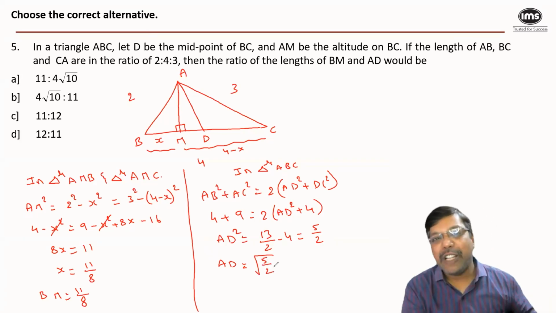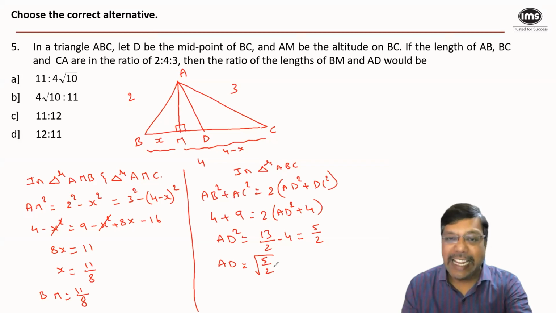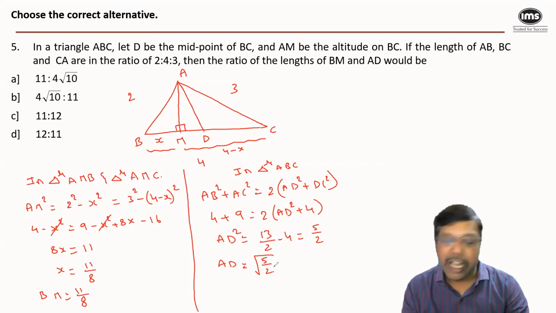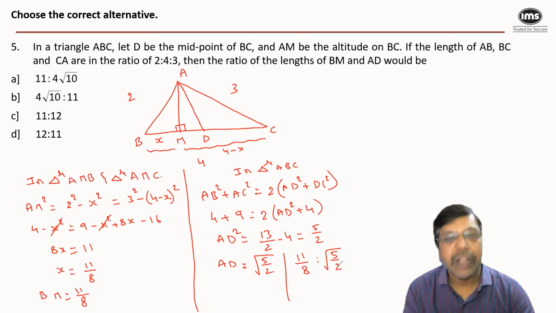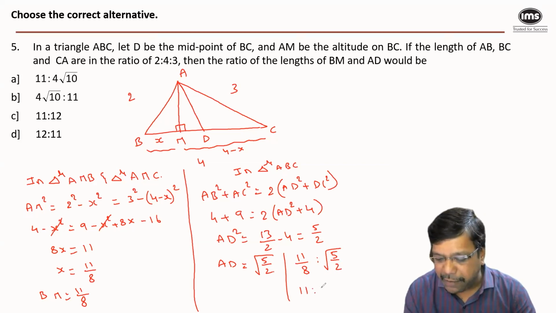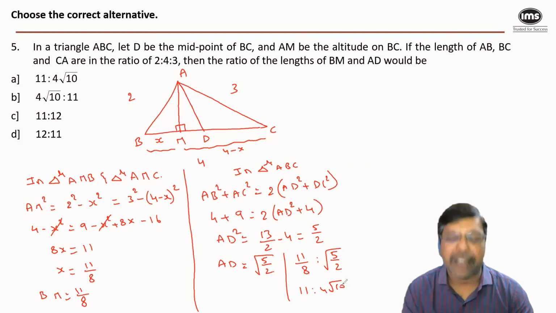So once we have the length of BM and AD, it's only about finding the ratio. So the ratio will be 11 by 8 is to root 5 by 2. And if we multiply by 8 throughout, we get 11 is to 4 root 10.